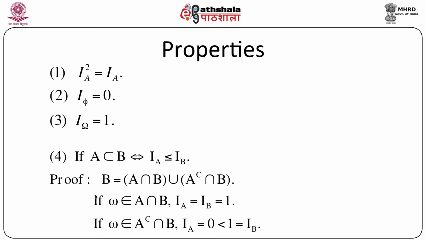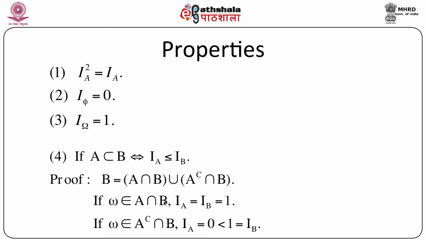We can always write any set B as the union of A intersection B and A complement intersection B. Now, if omega belongs to A intersection B, then of course I_A equals 1 and at the same time I_B equals 1. That means I_A(omega) equals I_B(omega) equals 1.